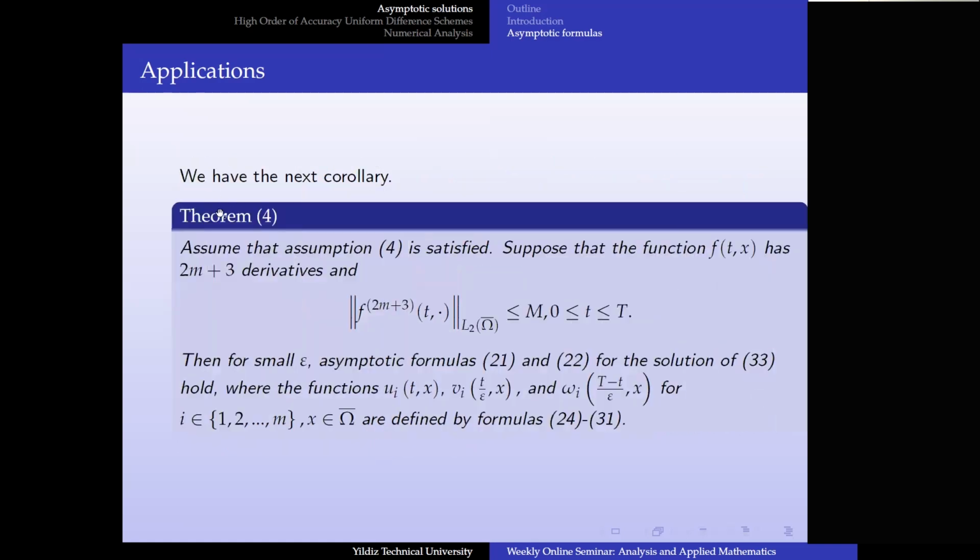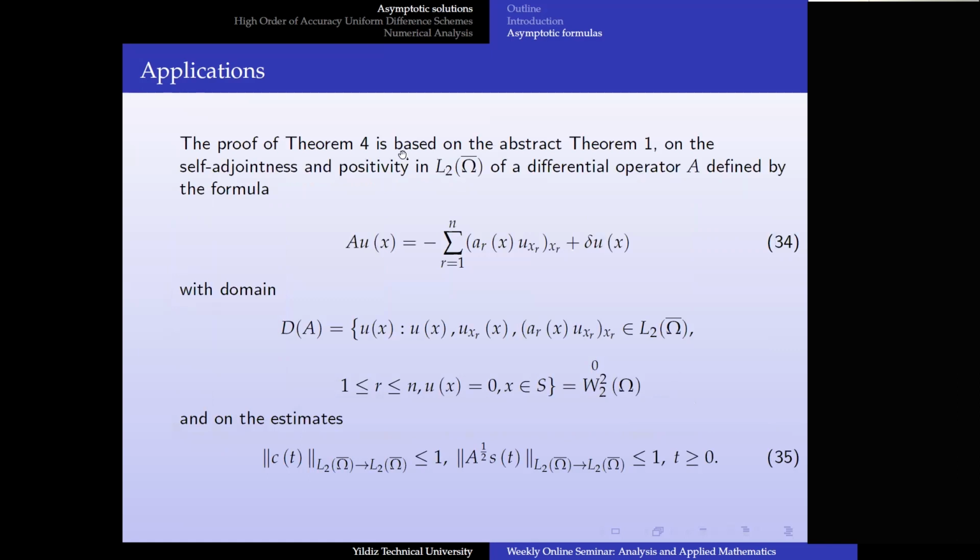So we have the following corollary, in which L2 of omega is our domain, and the following conditions are satisfied. The proof of this corollary is also based on abstract Theorem 1 and the self-adjointness and positivity in L2 of omega of the differential operator given by 34, with the domain given here, and estimates 35.